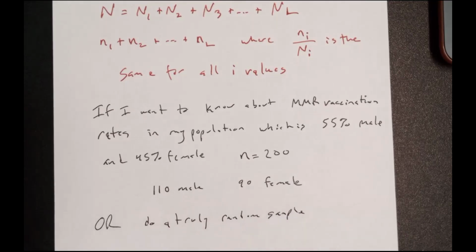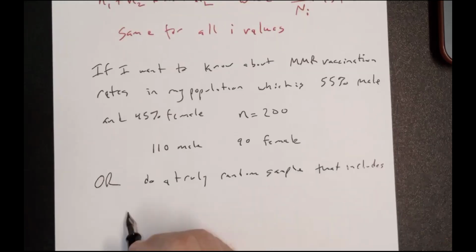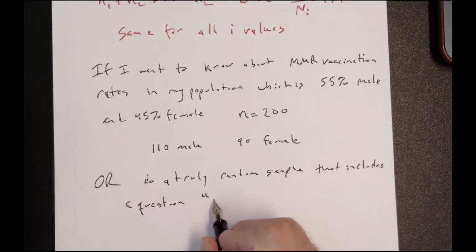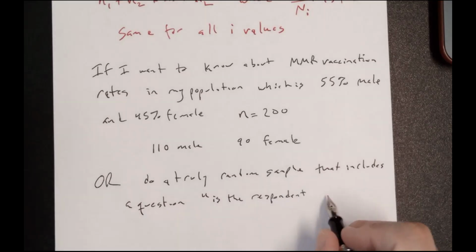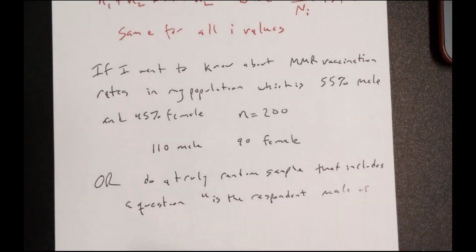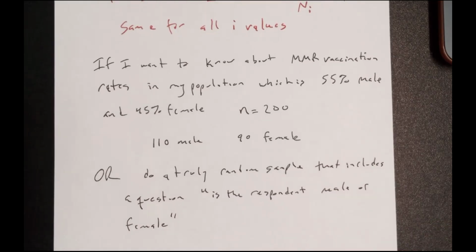That includes a demographic question. Is the respondent male or female? Then I could make a pile of all of the male responses and all of the female responses, and it wouldn't matter how many I have in each one.